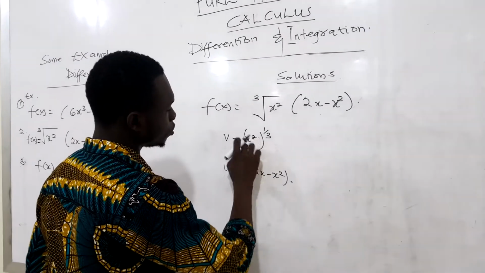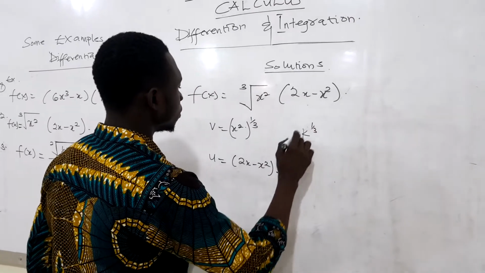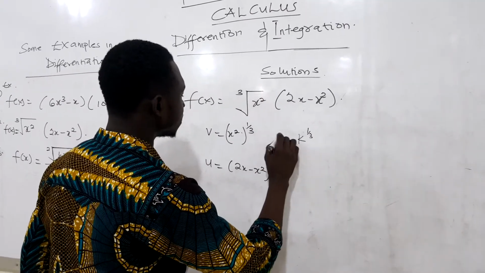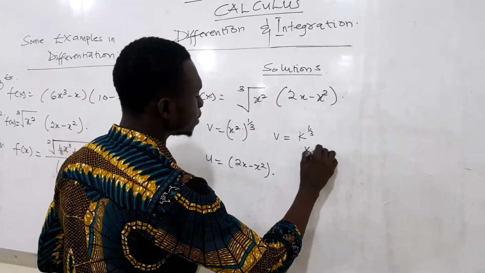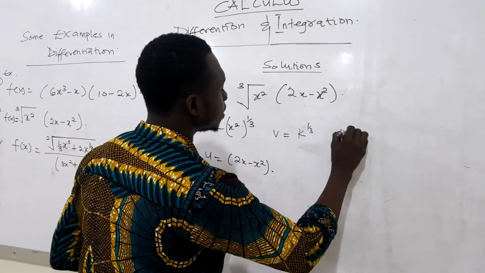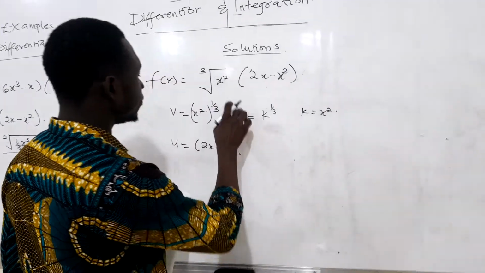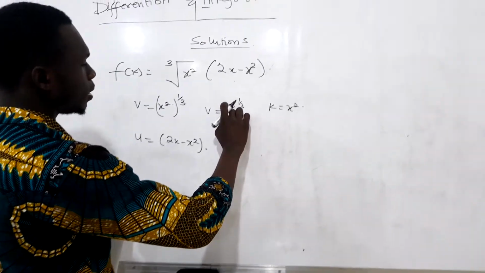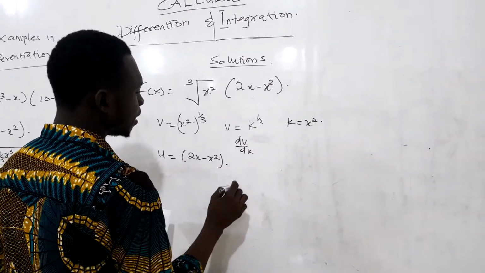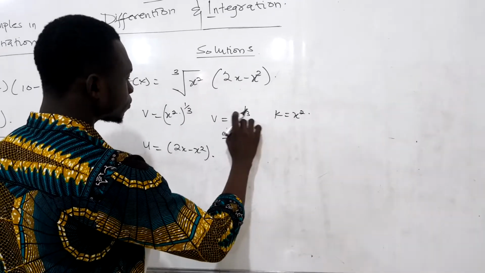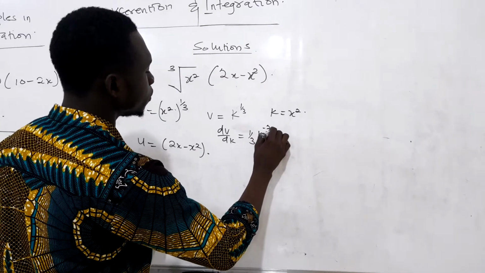So I'm going to say k^(1/3). That is, I've represented my v as k^(1/3), where k is equal to x squared. So my dv with respect to dk is going to give me 1/3 k^(-2/3).